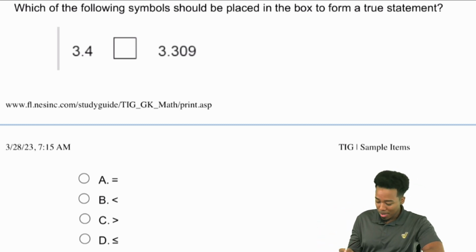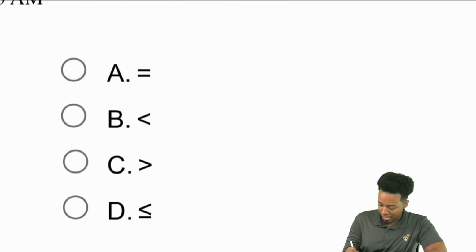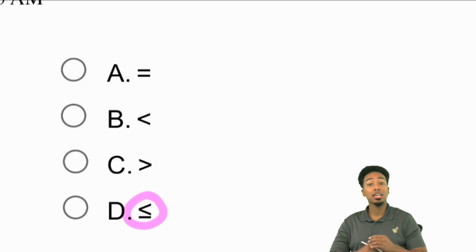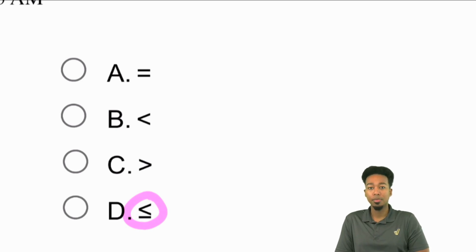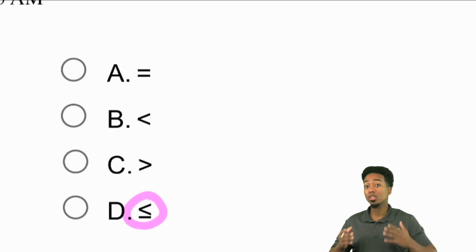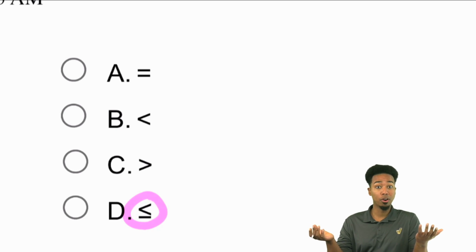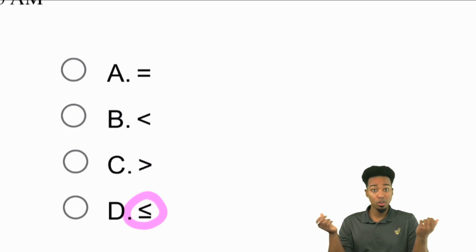And so immediately, if I take a look at the answer choices and I see that D is pointing to less than or equal to, that means that whatever the comparison is, what's going to be true is either going to be the less than part or the equal to part. One of those two is going to be correct.